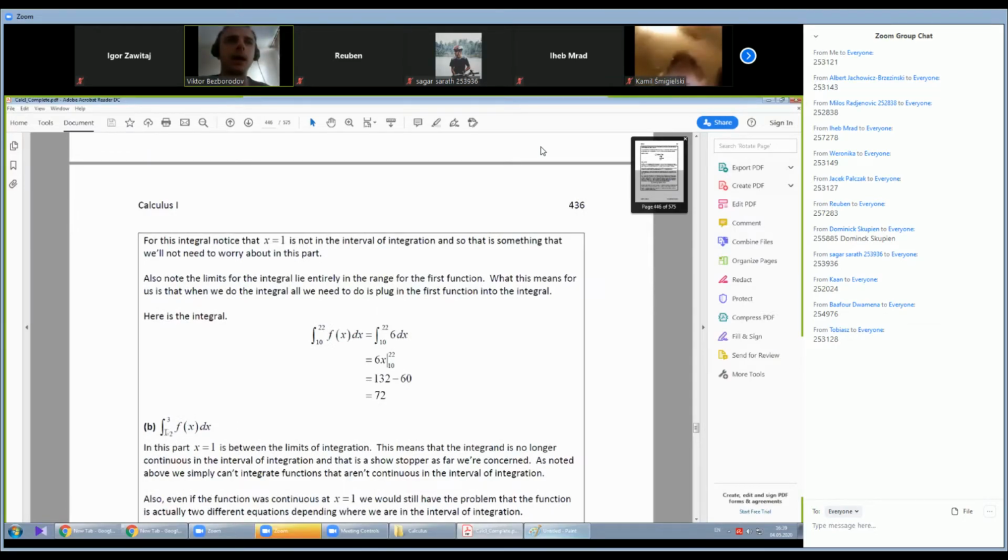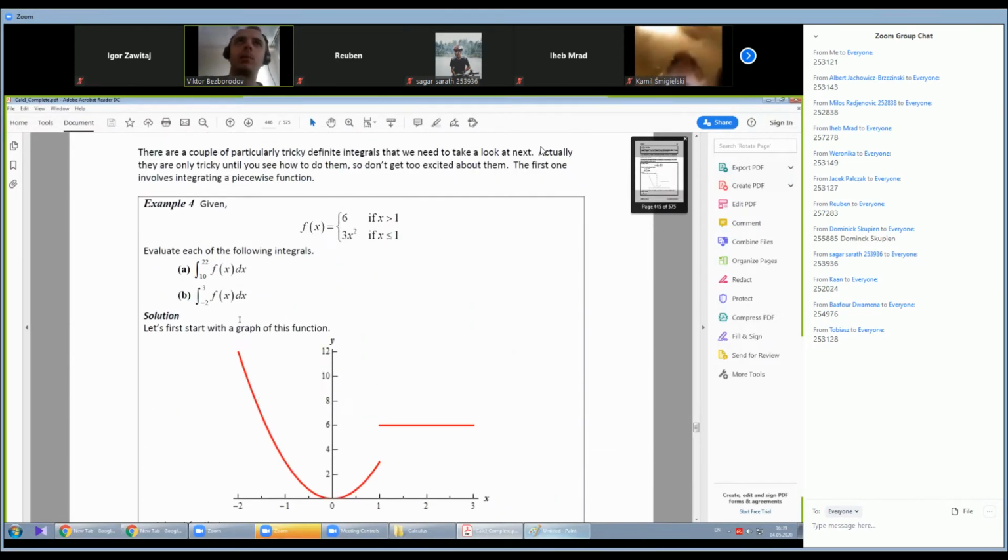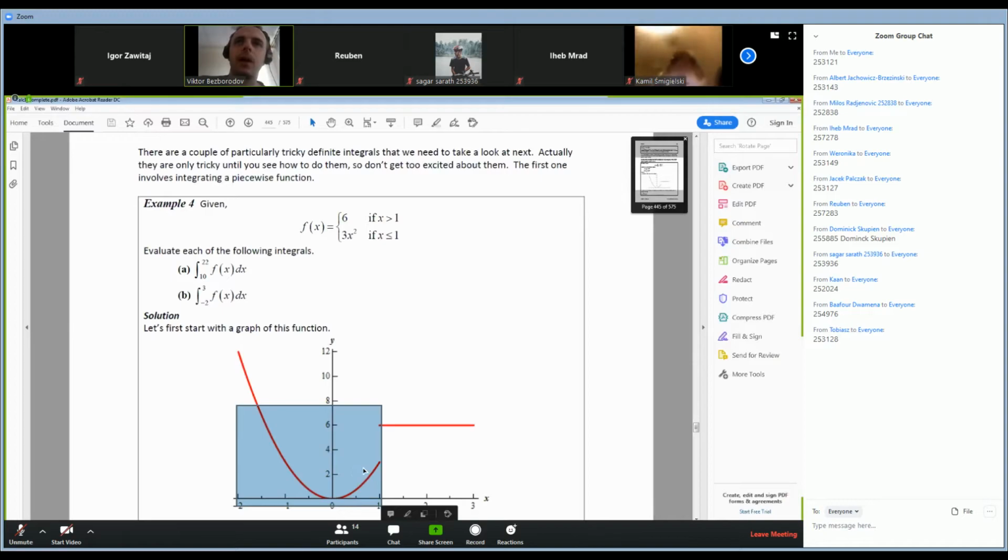Now here, the second interval does involve this barrier at 1. But what you can do, you can compute the integral from -2 to 1 of this, and then from 1 to 3 separately.